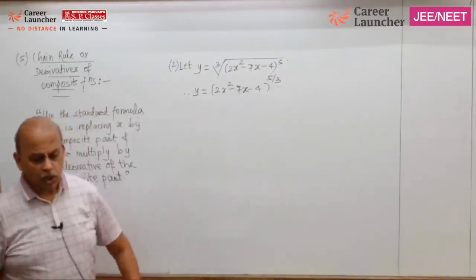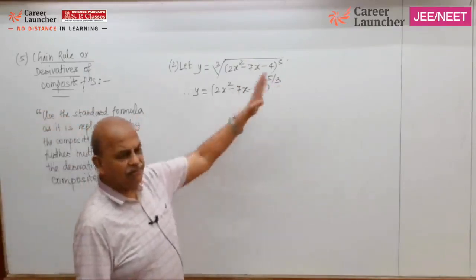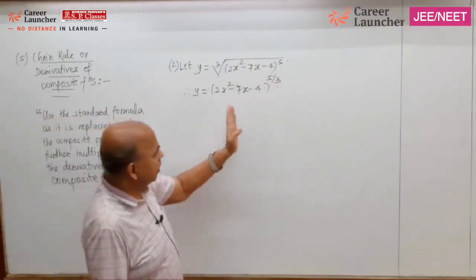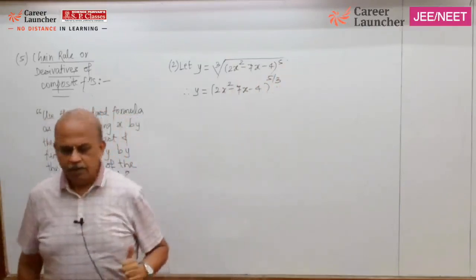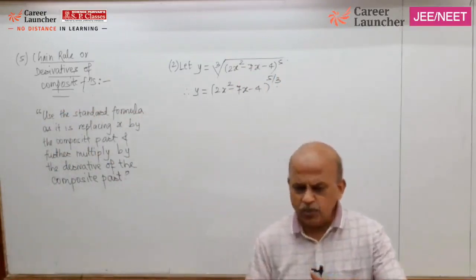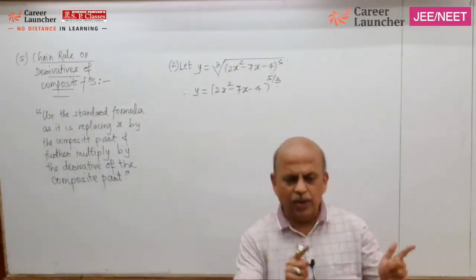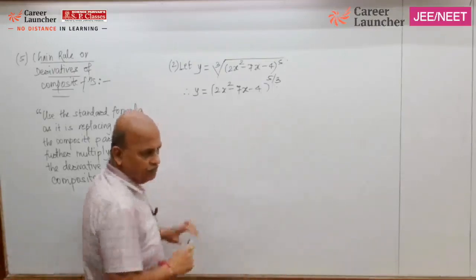And now concentrate on the list of formulas and tell me which standard formula fits into this. Will it not be x raised to n, the first formula only? What is the first formula? X raised to n is what? N into x raised to n minus 1. N is 5 by 3.